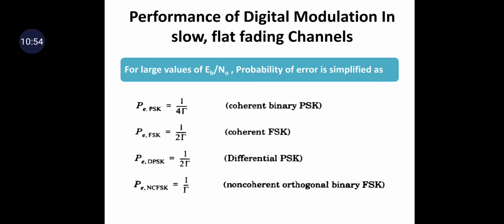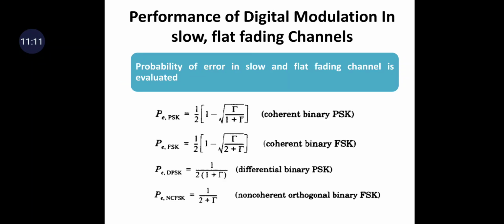For PSK, the probability of error is 1 by 4 gamma, for FSK it is 1 by 2 gamma, for DPSK it is 1 by 2 gamma, and for non-coherent orthogonal BFSK it is 1 by gamma. So the probability of error in slow and flat fading channels is evaluated and the expressions are given below.